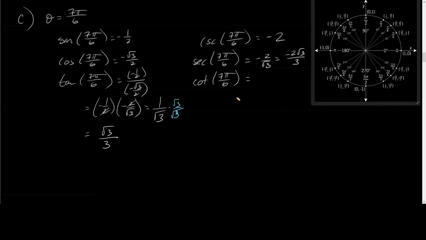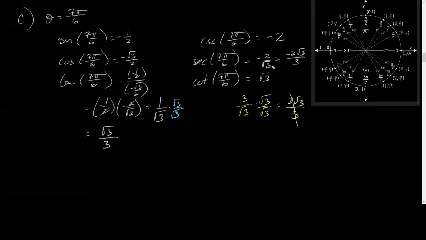For cotangent of 7 pi over 6, we're going to take the reciprocal of tangent, but I'm going to take it from here. All right, so the reciprocal of 1 over radical 3 is just radical 3 over 1. You could have also said 3 over radical 3, but then you have to rationalize this, and we have 3 radical 3 over 3, but then those 3's cancel out, and you end up with just radical 3.